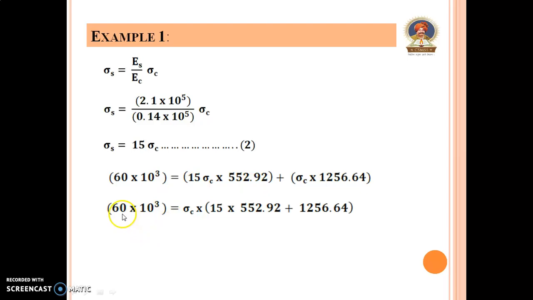So the equation becomes 60 into 10 raised to 3, here sigma c is common from both these brackets. So sigma c into, in bracket, 15 into 552.92 plus 1256.64. After solving this, we get the equation 60 into 10 raised to 3 equals sigma c into 9550.44. Now we are going to simplify this equation.